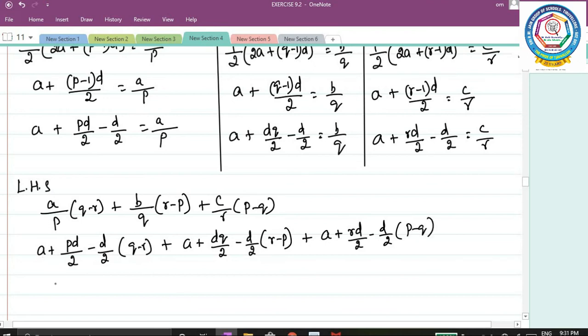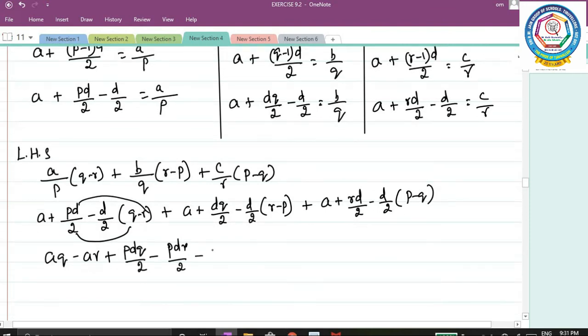Now I am taking a inside: aq minus ar. Next one, I am multiplying this one: pdq by 2, minus, next to this term, pdr by 2. Next, minus d by 2, I am taking inside: minus dq by 2 minus of minus plus rd by 2.